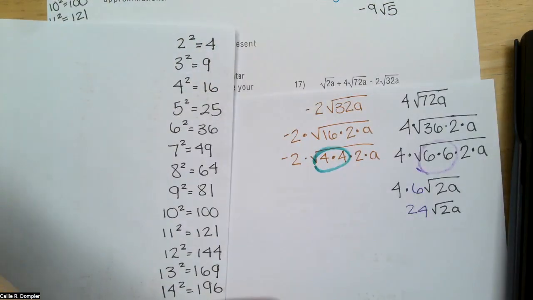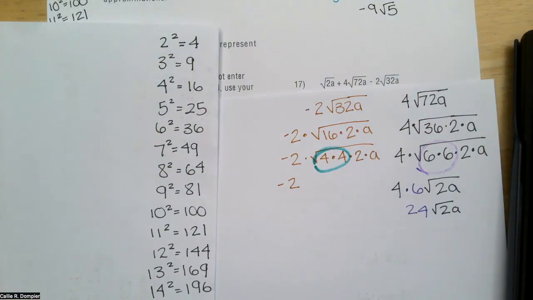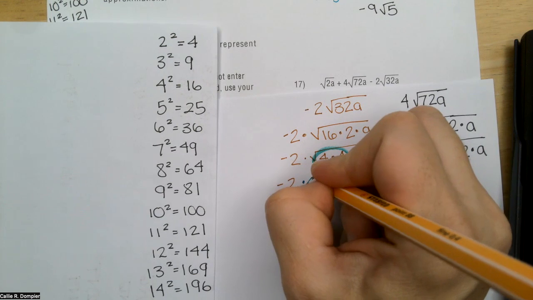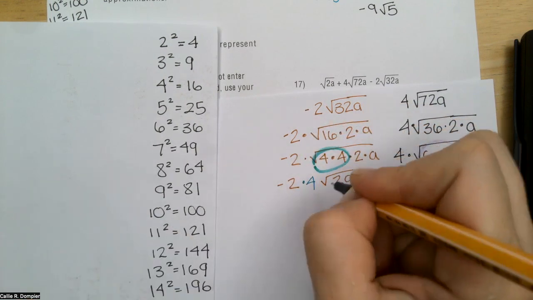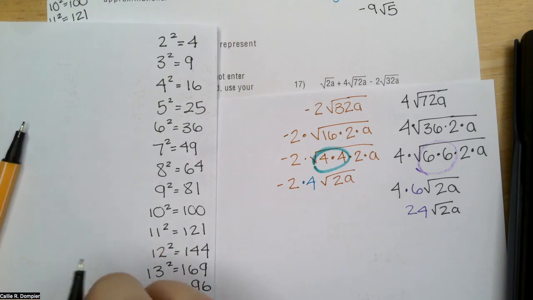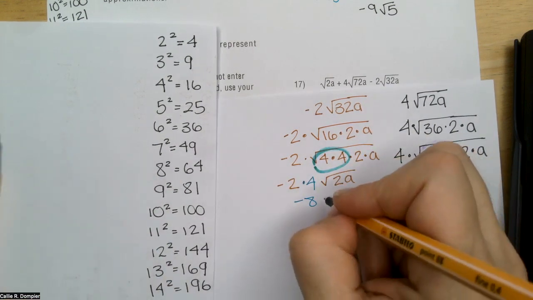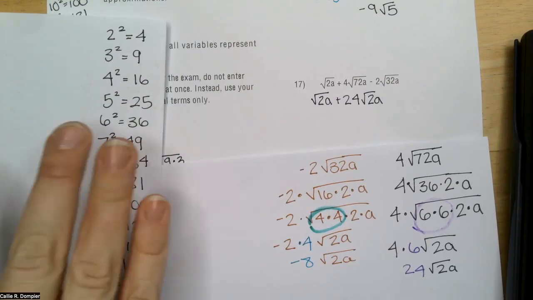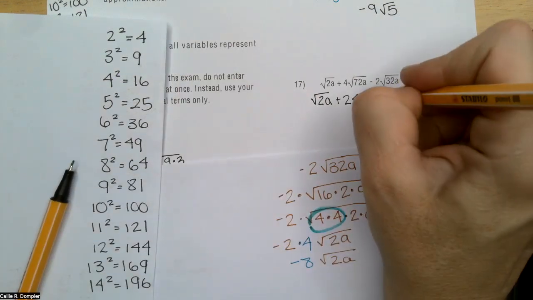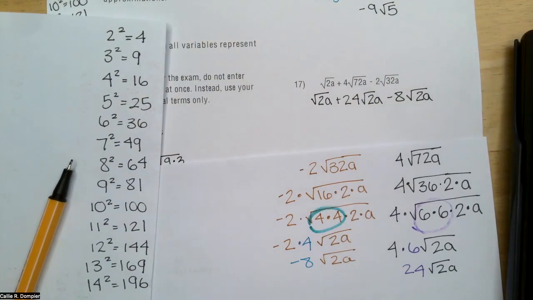That can come out. So now it's negative 2 times 4 square root 2a. Negative 2 times 4 is a negative 8. Minus 8 square root 2a.